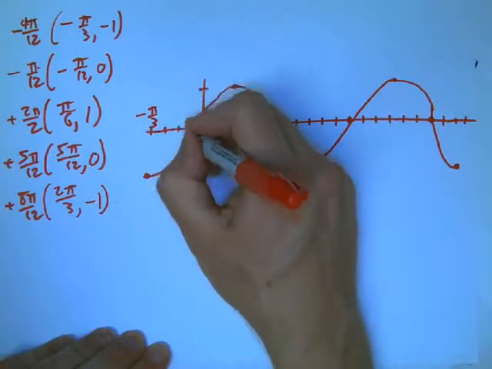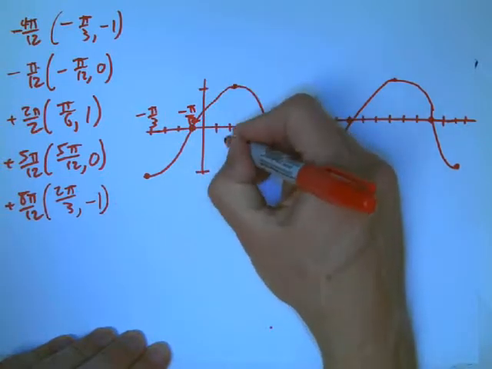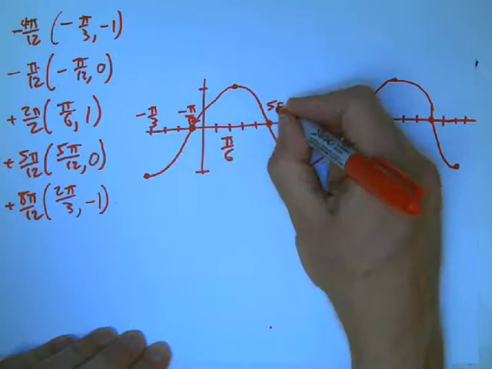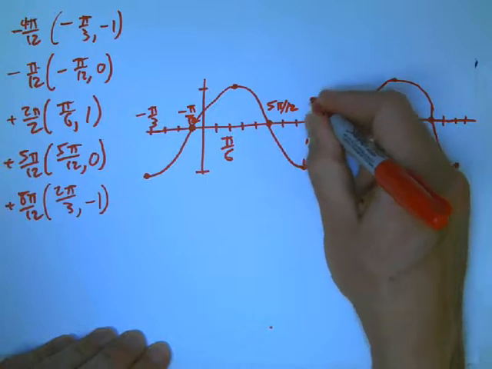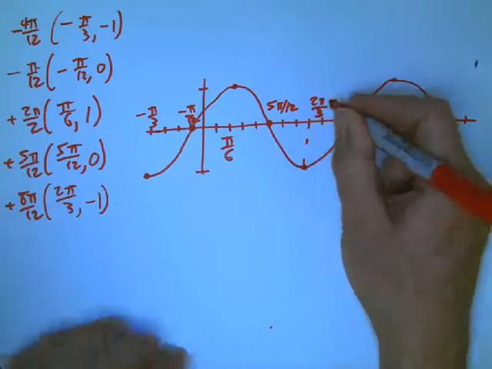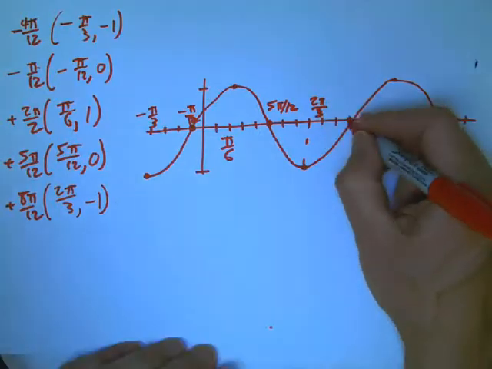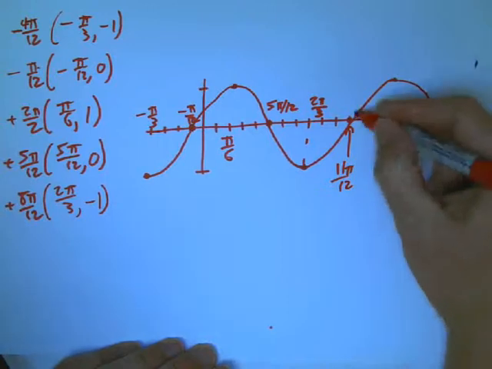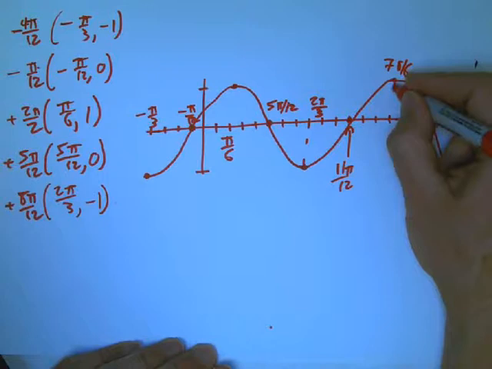go ahead and reduce. Minus pi over 3, minus pi over 12, I know it's not too legible, pi over 6, 5 pi over 12, and 2 pi over 3. And then the next one is going to be, let's see, that was 8 pi over 12, so this is 11 pi over 12. And that's going to be 14 pi over 12, or 7 pi over 6.